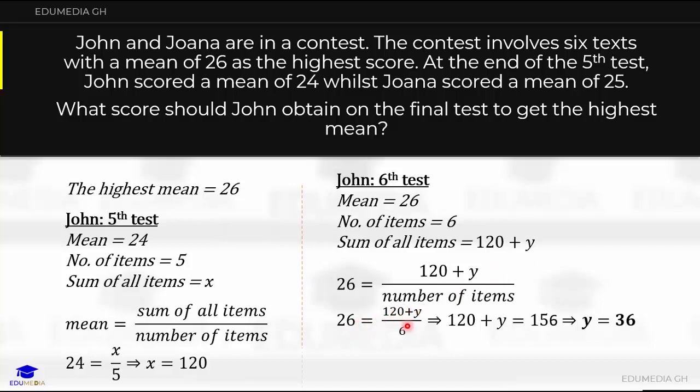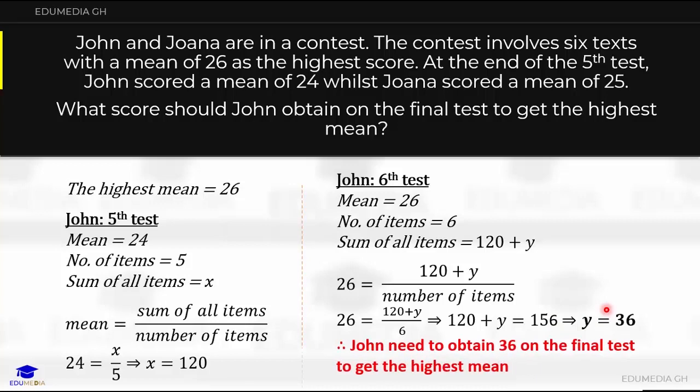Now doing the necessary cross multiplication, we have 120 plus y equals 156, and we have y equals 36. This therefore means that John needs to obtain 36 on the final test to get the highest mean.